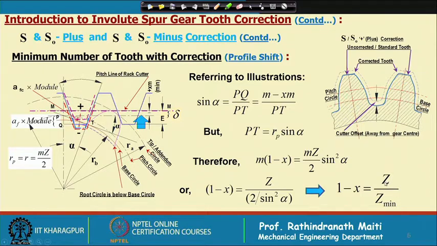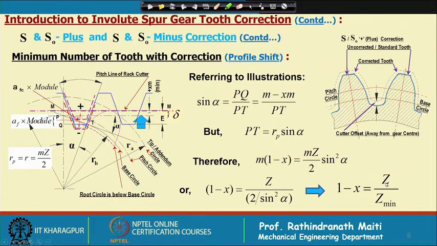What is z? That is the number of teeth we are going to cut. So, depending on the number of teeth, suppose this is 17 in case of 20-degree teeth, suppose we have taken 18. So, 18 means we will find that x will be some minus value, that means it can be given further depth of cut.